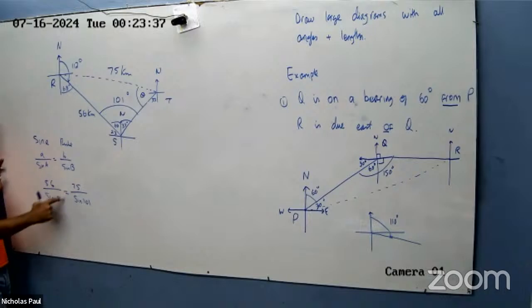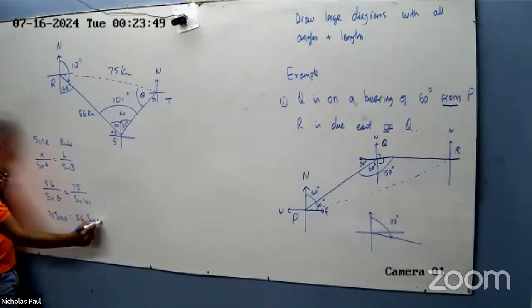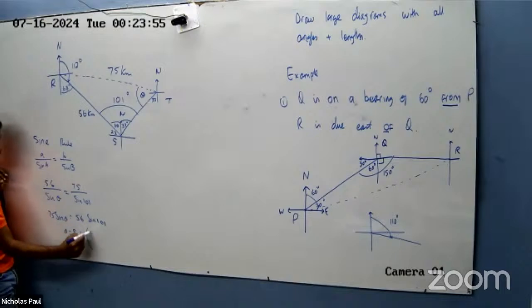Do the usual thing, cross multiply and solve, right? So you're going to get 75 sine theta, this by this is equal to this by this. And then make theta the subject, carry across 75, and then sine inverse.